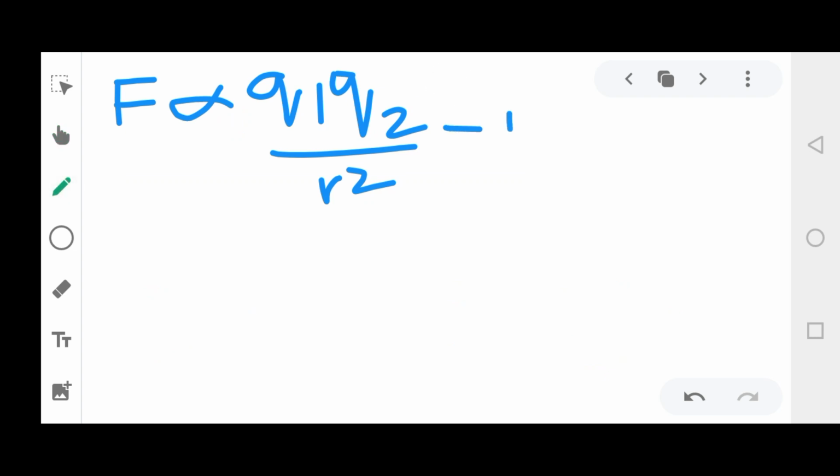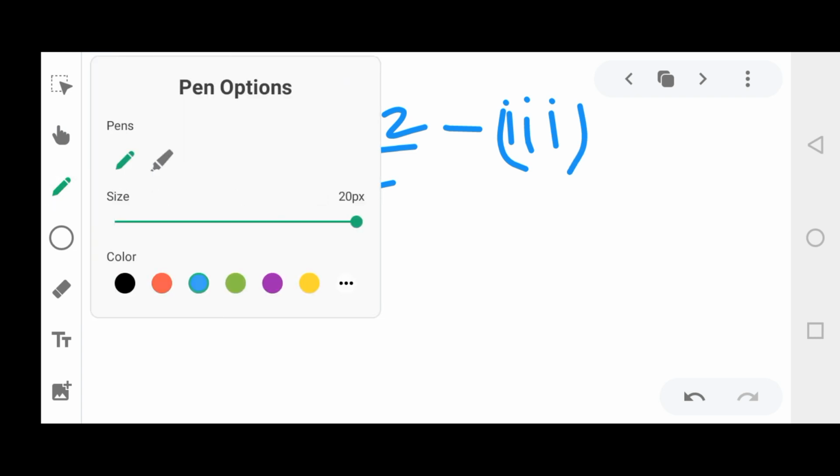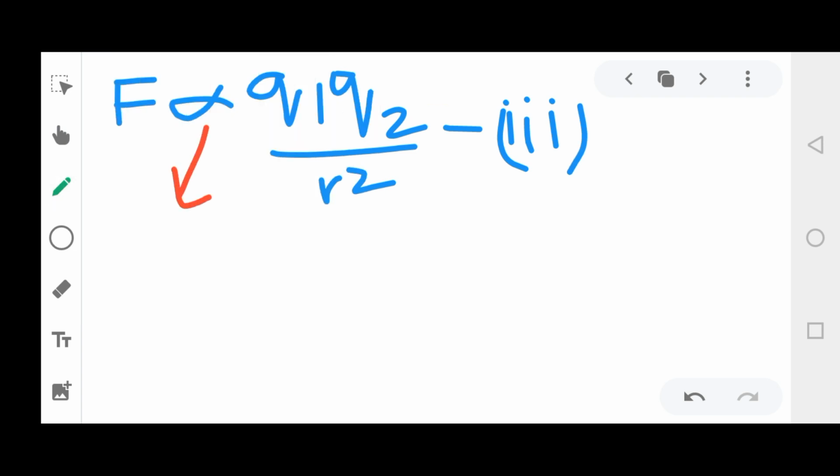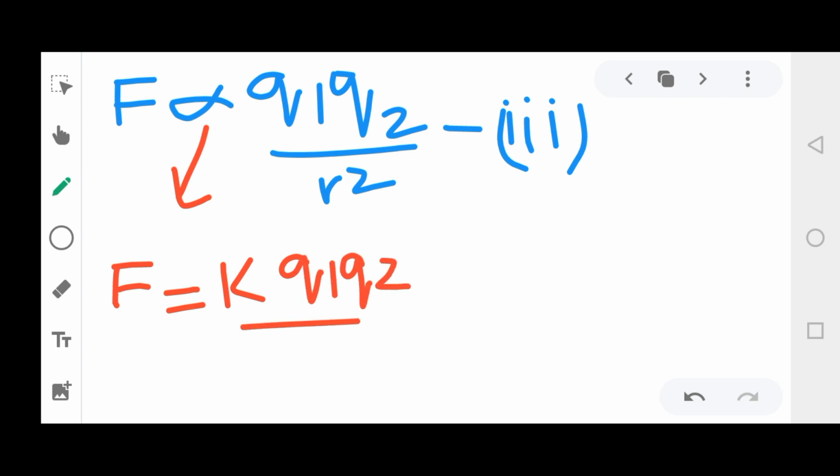When I remove this proportionality sign, I get an equal to and a constant. So this constant will be k, and F equals k into q1 into q2 over r square. It is my final equation, equation number 4.